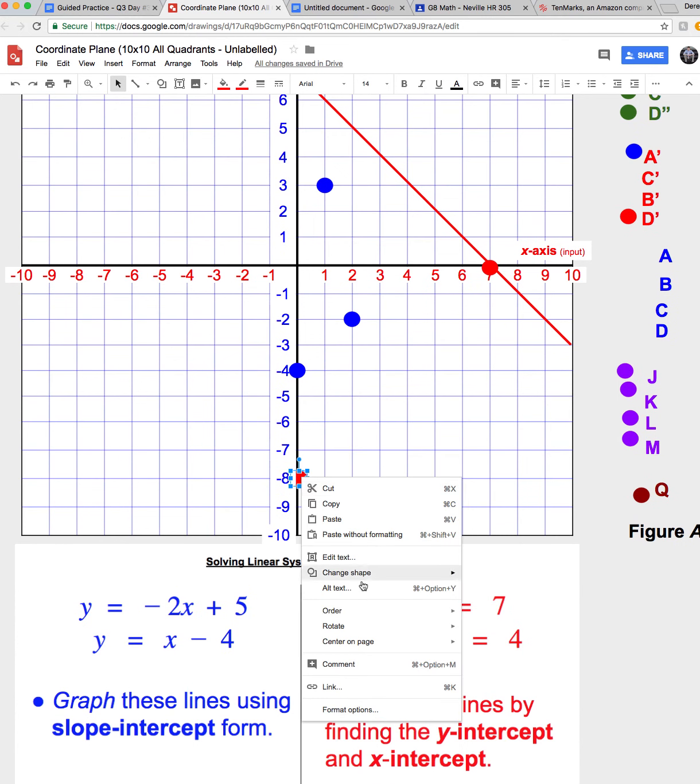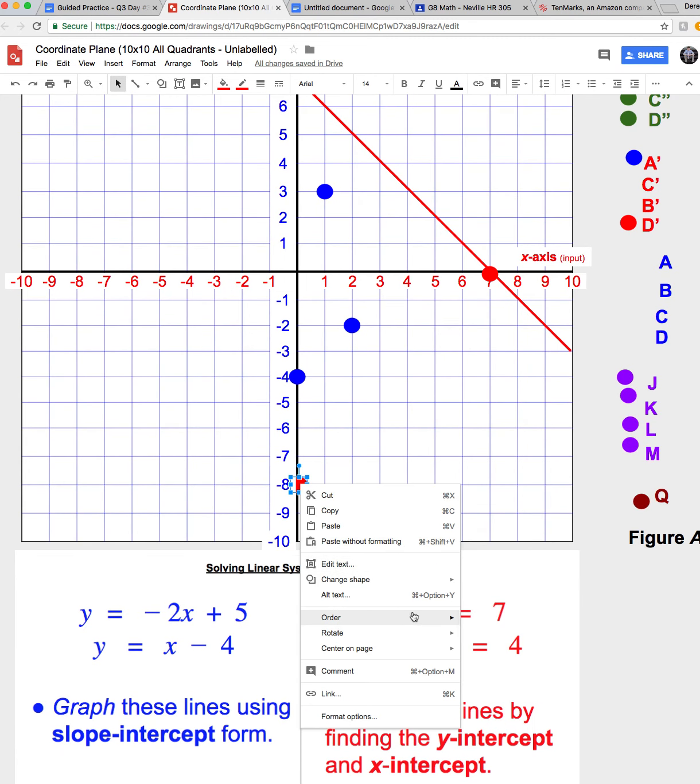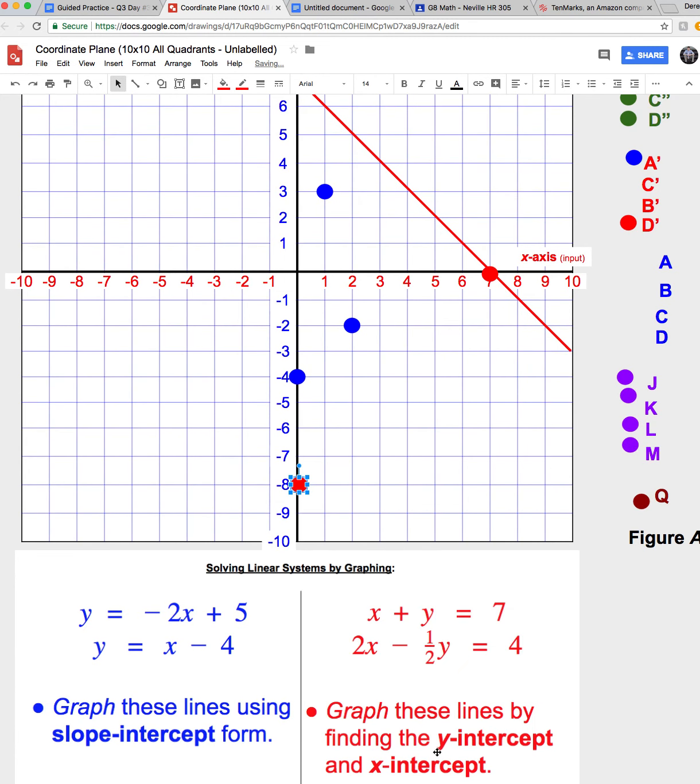Similarly, if I look now at that second equation, I need to go ahead and figure out what the x-intercept is. I figure that out by making y equal to 0. When y is equal to 0, this whole negative 1/2 y term disappears, and I'm left with 2x equals 4. 2 is a number that when I multiply it by 2 equals 4.